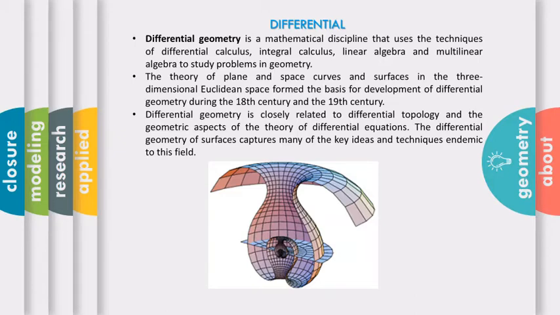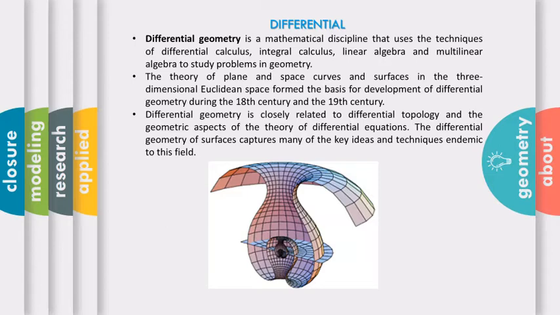The differential geometry of a surface captures many of the key ideas and techniques endemic to this field. We use differential equations to relate to differential geometry. So these are the things in the differential geometry part.